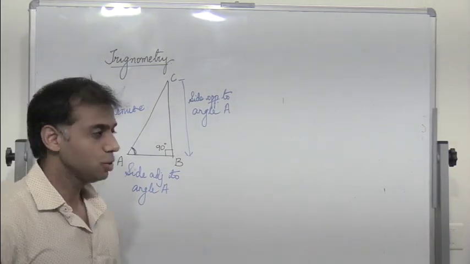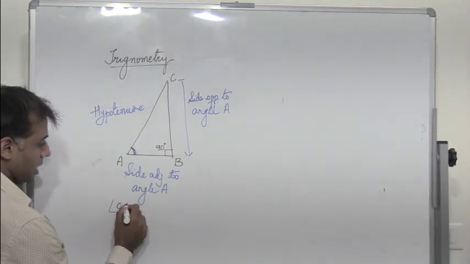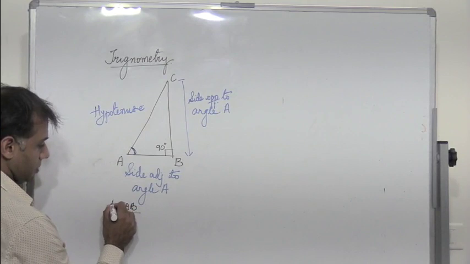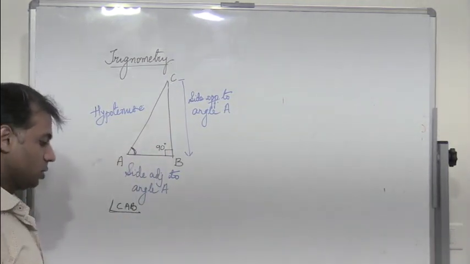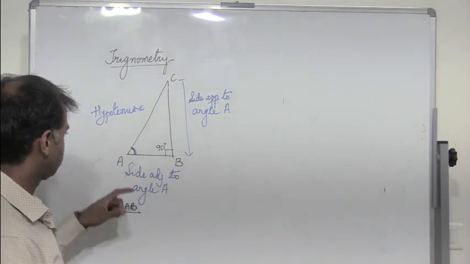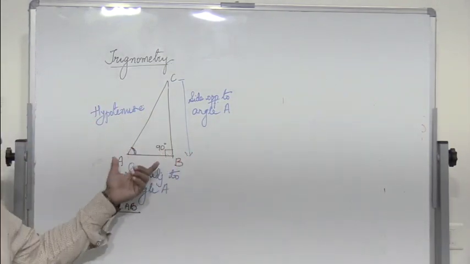Right? So this angle A, which can be referred to as CAB. So this is angle A. So with respect to angle A, AC is of course the hypotenuse.